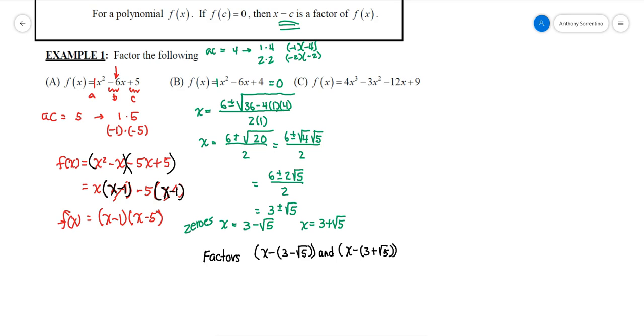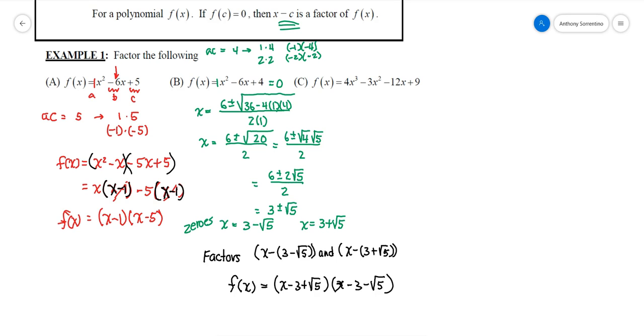And if I simplify these a bit, because I don't like having parentheses inside parentheses, I could rewrite this and now say, well, f of x factored is x minus 3 plus square root 5 times x minus 3 minus square root 5.